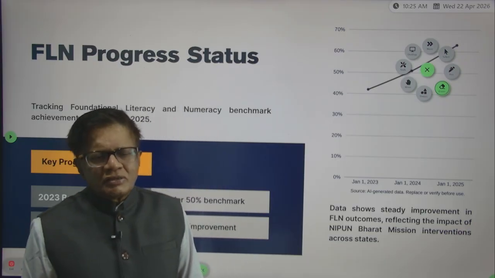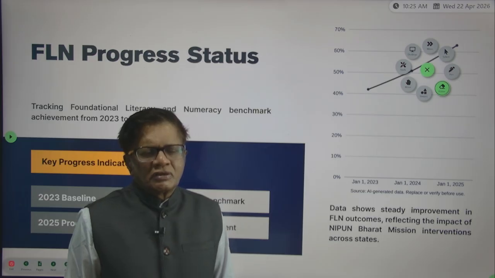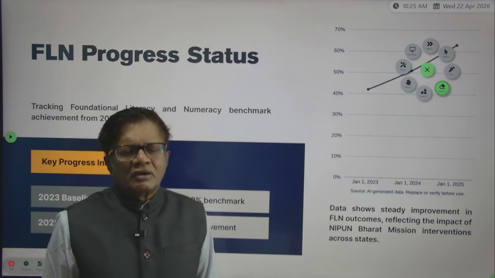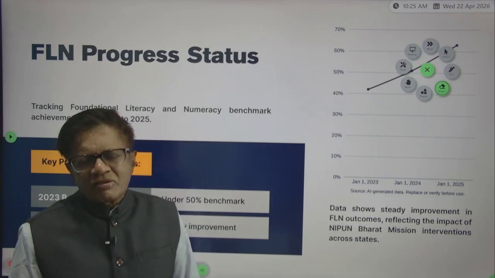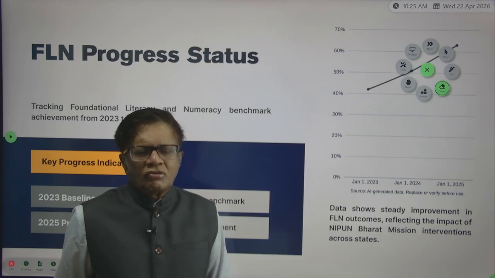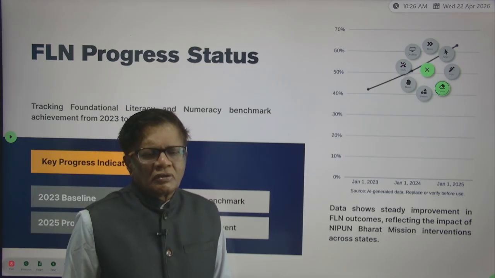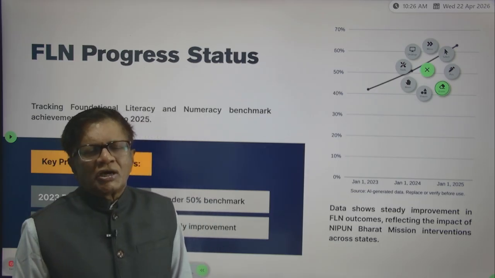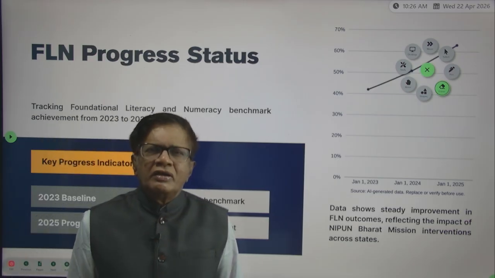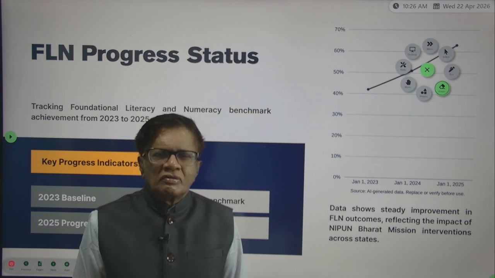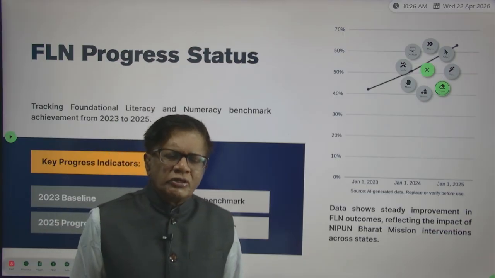Now, there are certain centrally sponsored schemes: Sarva Shiksha Abhiyan, as it was earlier called, now called Samagra Shiksha Abhiyan. Also, there is PM Shri as well as PM Poshan. Now, Samagra Shiksha Abhiyan, if you see, has a very wide approach. It is designed for comprehensive school education.